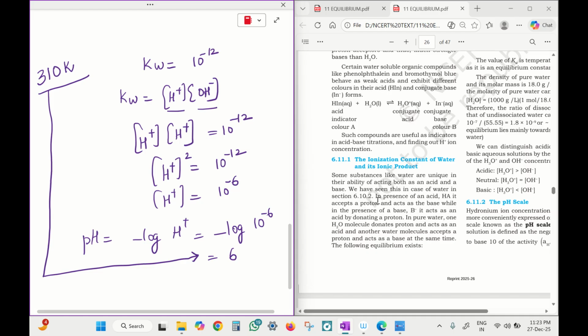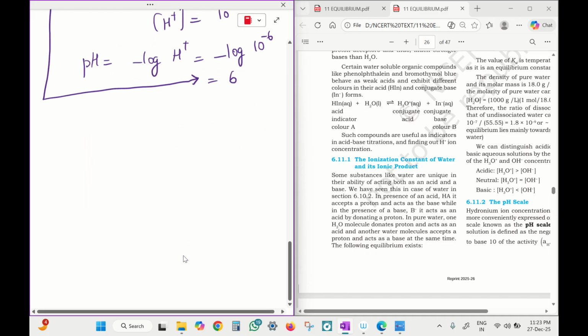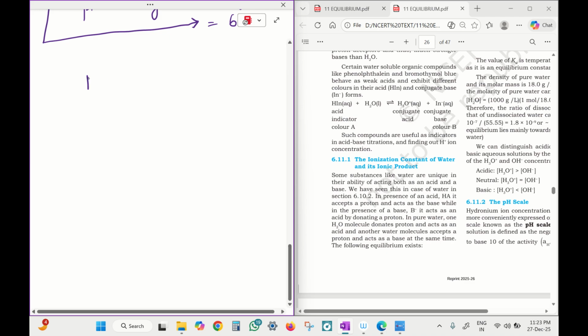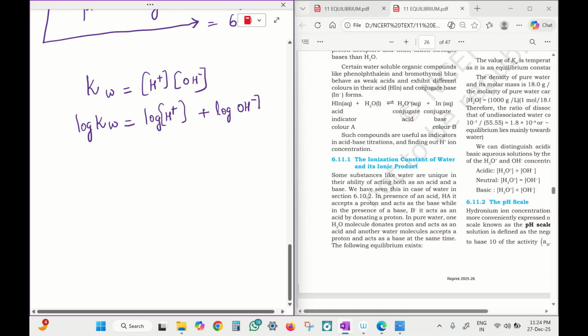Okay. Now we can arrive at some more expressions. What are they? Kw is equal to H+ ion concentration into OH- ion concentration. I can take log on both the sides. So this will give me log of Kw is equal to log of H+ ion concentration plus log of OH- ion concentration.